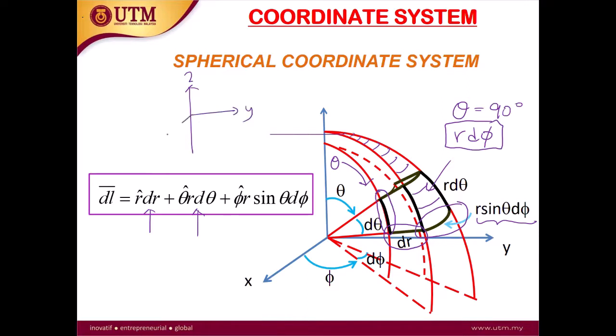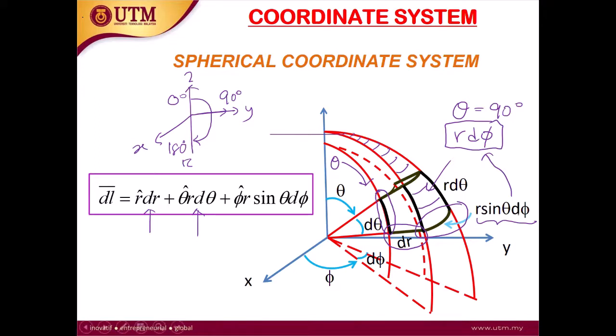I said that theta varies from the top to the bottom. This is 0 degrees and this one is 180 degrees, or pi. So at the middle, on the xy plane, it becomes 90 degrees. That's why the expression r sine theta d phi becomes r d phi. So this curve is equal to r sine theta d phi.